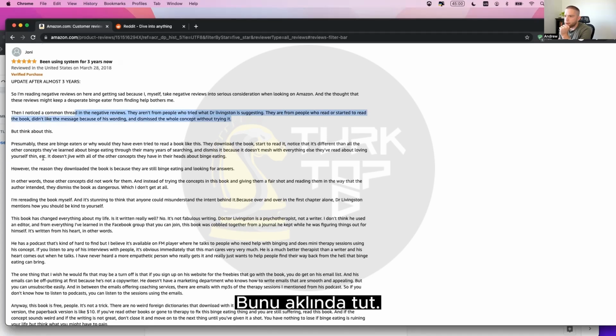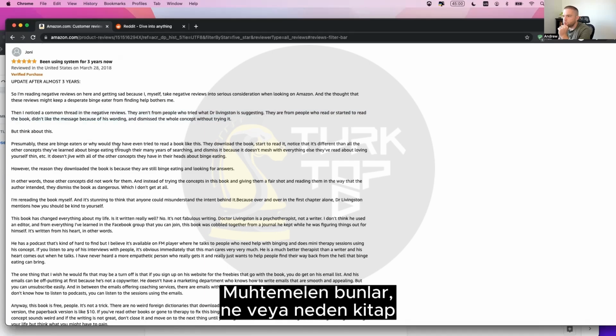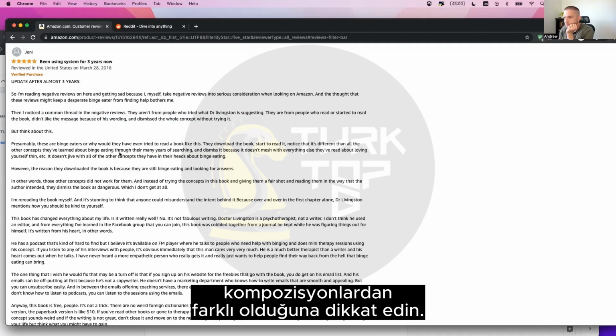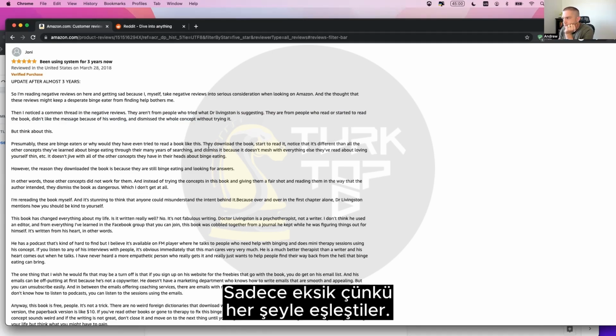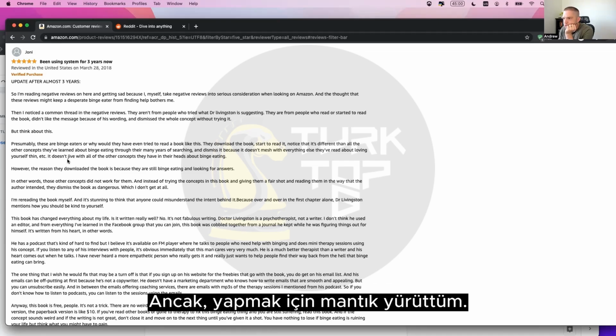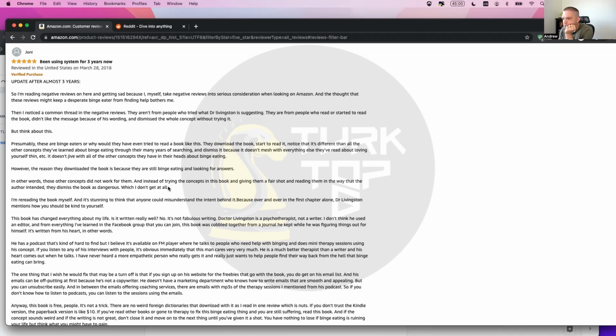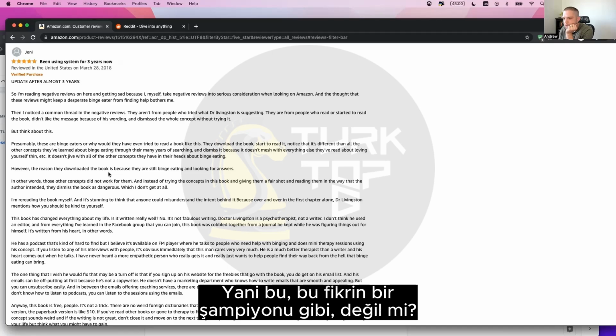Keep this in mind. Presumably these are binge eaters, or why would they even try to read a book like this? They download a book, start to read it, and notice that it's different than all the other concepts they've learned about binge eating. It's something that anyone can misunderstand. So this is like a champion of this idea, right?